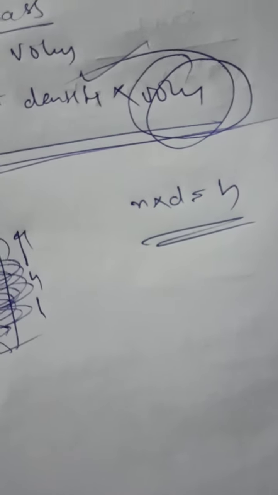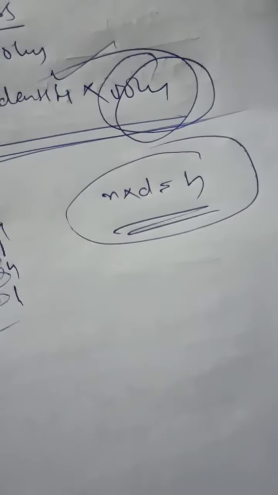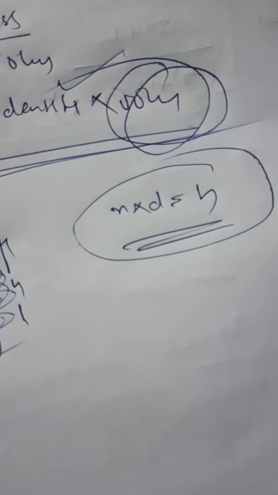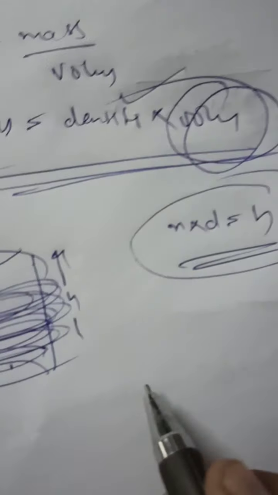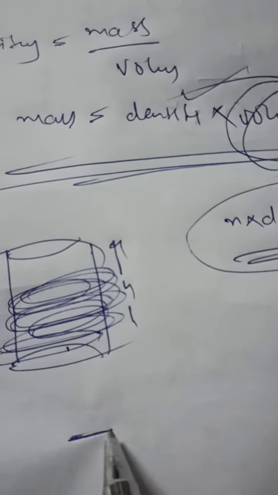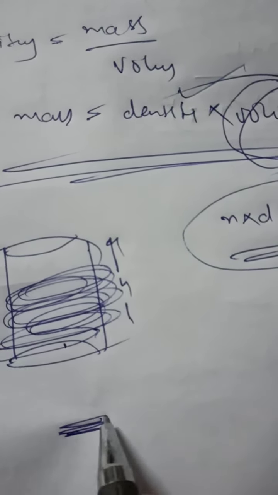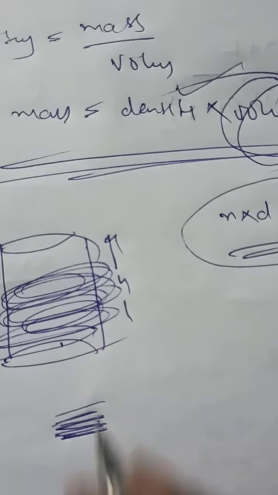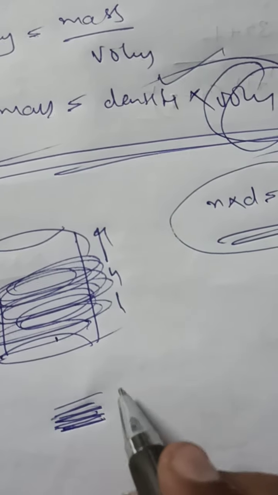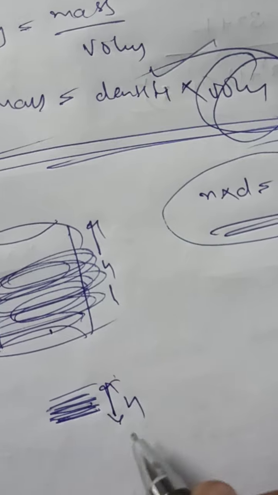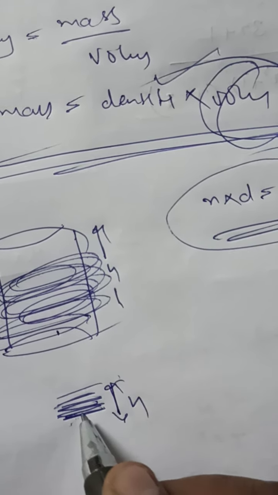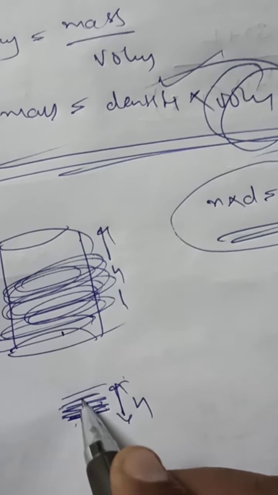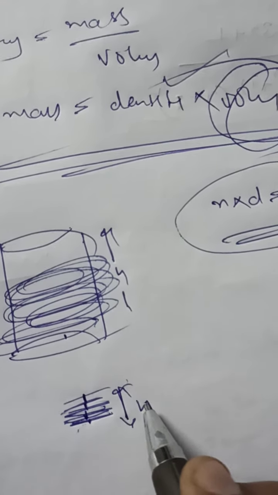Let me explain this briefly, why it is becoming like that. The turns are placed one on another. Suppose this is the height. The diameter of this, this, this, and this, all together, will be equal to the height.